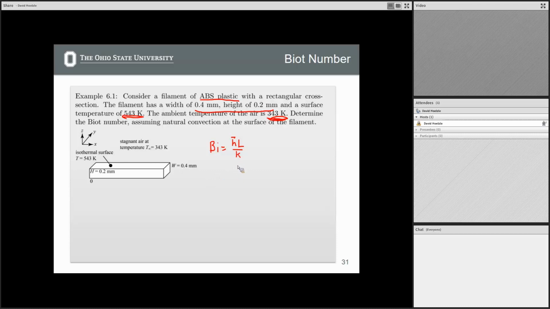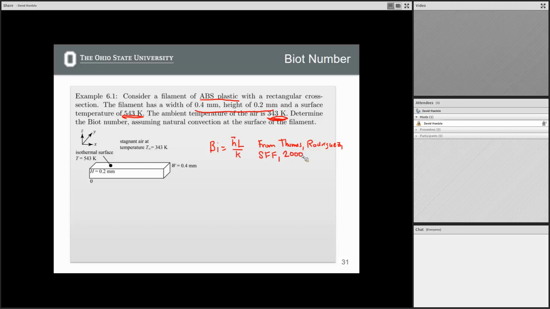K, we can get from, that's pretty well established in terms of what is the thermal conductivity of, say, ABS plastic. You can find this information. For this problem, I was looking at this paper, which looks at a lot of modeling of heat transfer in ABS plastic. So this is going to be K, by Thomas Rodriguez, presented at the Solid Freeform Fabrication Symposium conference in the year 2000.